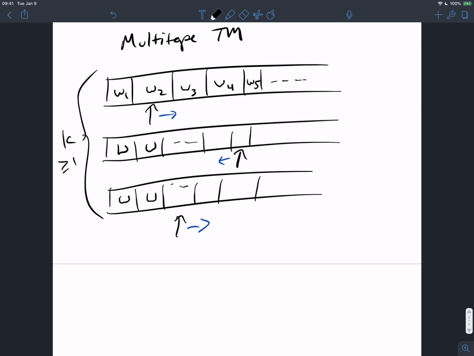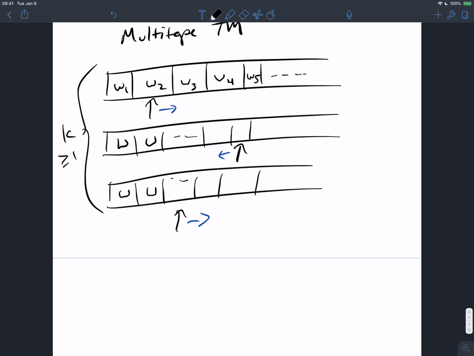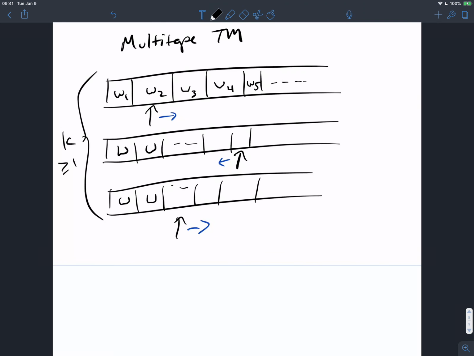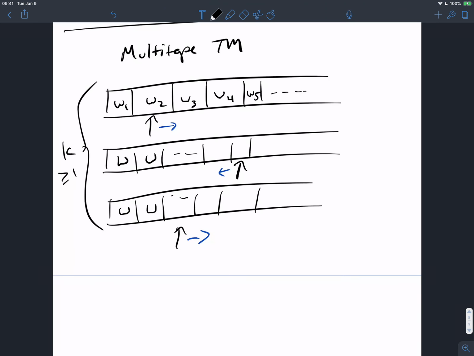But of course, what we can do at a high level is copy the input onto the other tapes if desired, but we don't have to do that. The model starts off with the input on the first tape and everything else blank. So clearly a multi-tape machine can simulate a normal one just by ignoring the other tapes.